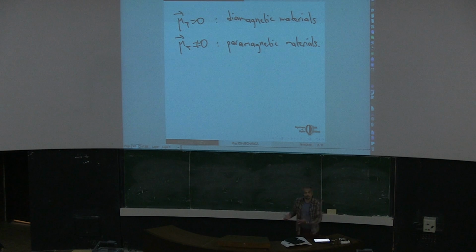Well, if you consider a paramagnetic material, it's mainly made up of atoms or molecules which have their own magnetic moment. But on the average, they will be just distributed randomly.